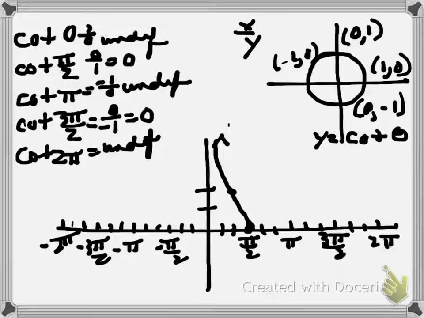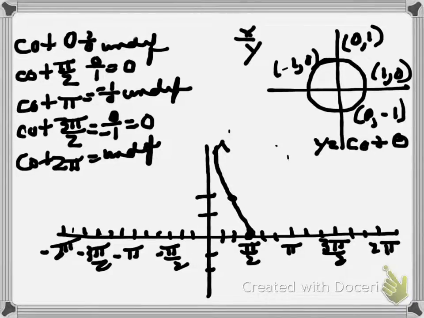Again, it's not coming down in here and hugging this corner. Halfway in between, at 45 or pi over 4, it strikes a value of 1. It helps you to guide this graph. And then halfway in between, it's going to -1, because it's going to be undefined again at pi.